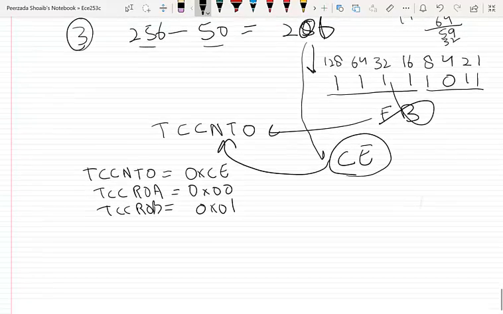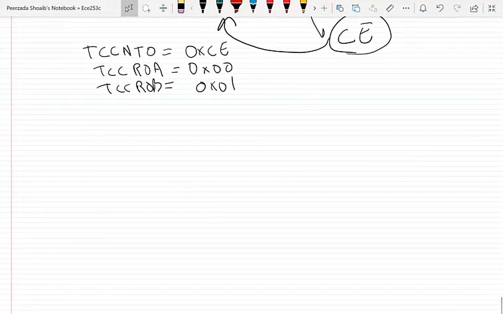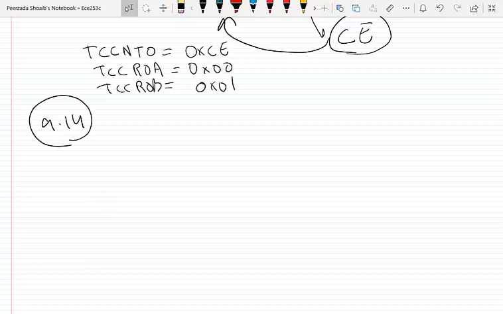Let me do another program in which we would be forced to use a prescaler. Let me take example 9.14 of your book, or I will slightly modify it.